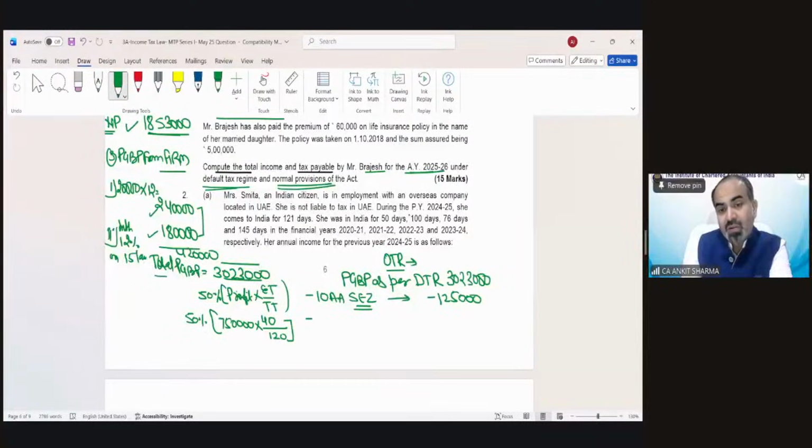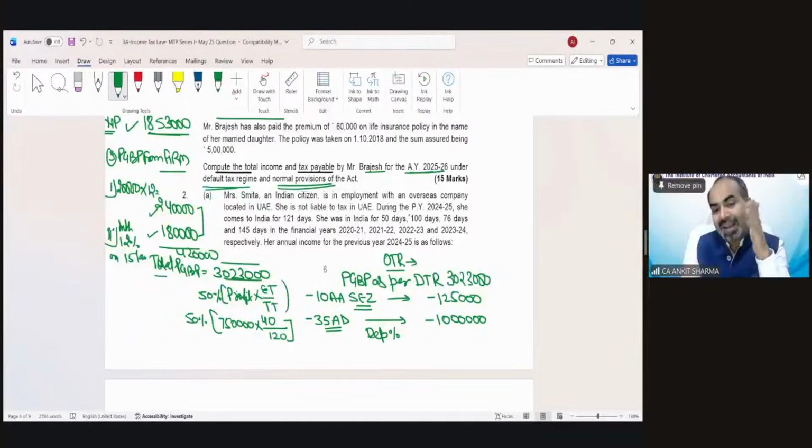Then because of warehousing business, we can claim section 35AD business deduction. And it says you can claim full value of building deduction. So building deduction would be now 10 lakh we can claim. But the depreciation we have already claimed under default tax regime, that needs to be added back because we have claimed 1 lakh over there.